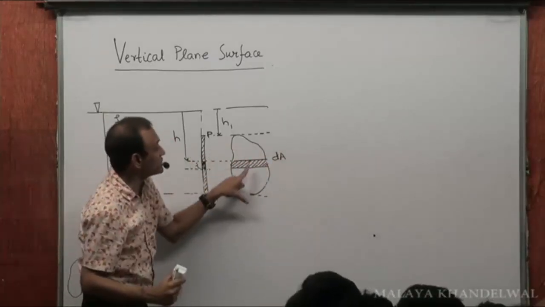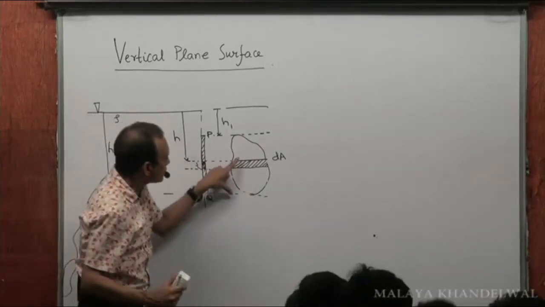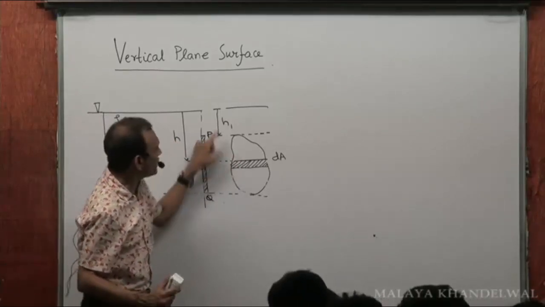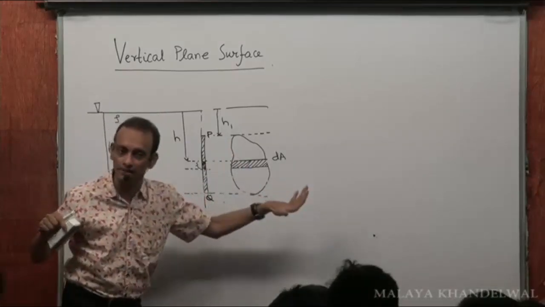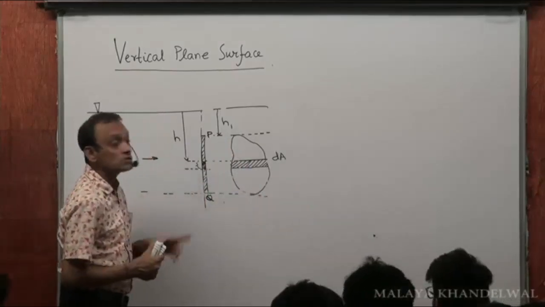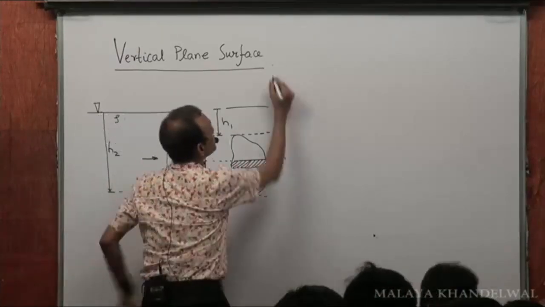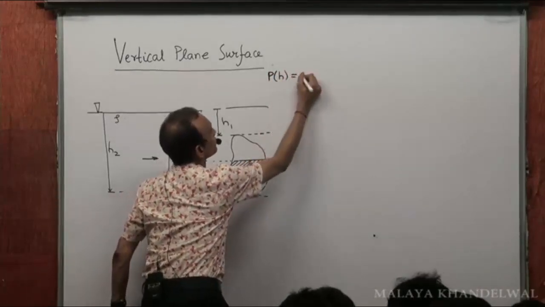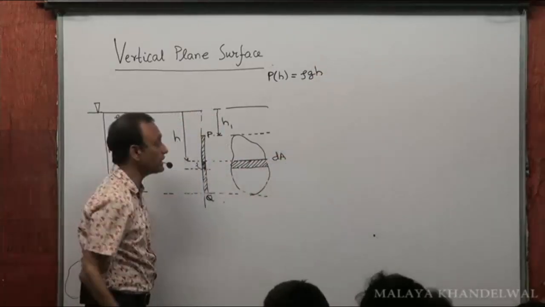And all points on this dA would be subject to a pressure rho gh, because this is small width. So all points on this dA are practically at a depth h below the free surface. So what's going to be the pressure at all points at a depth h? It is going to be rho gh, right?